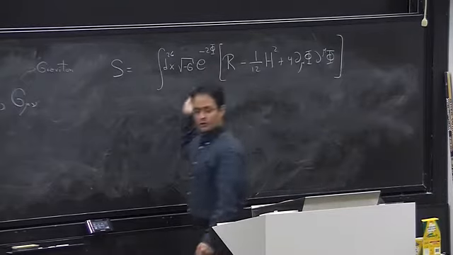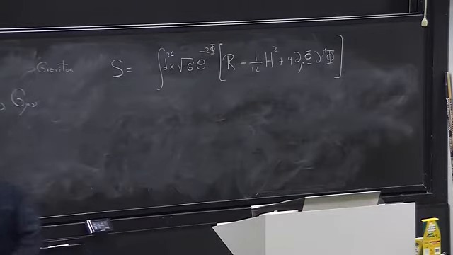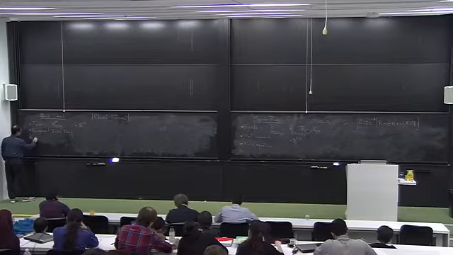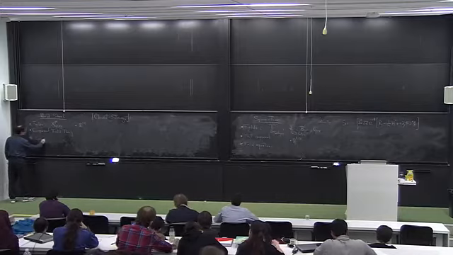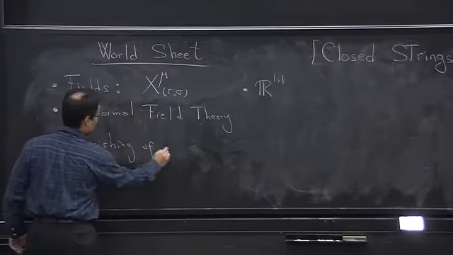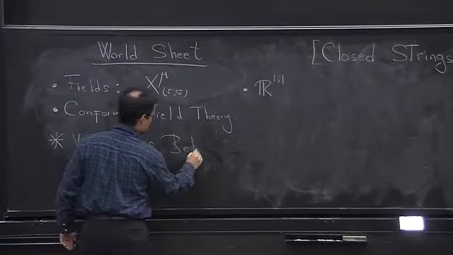Now, the equations of motion coming from this action happen to be what on this side? Very good. So the field equations ended up being the conditions for the vanishing of the beta functions.